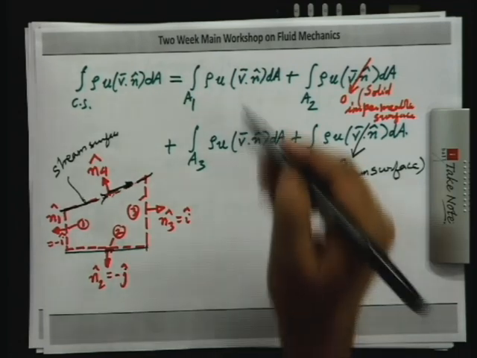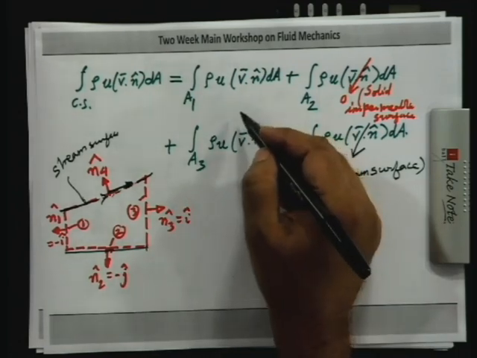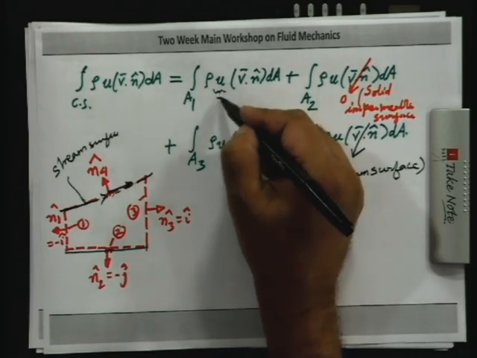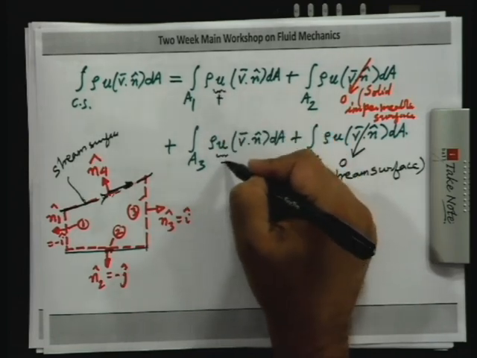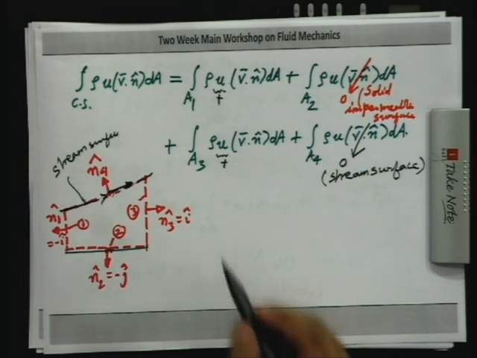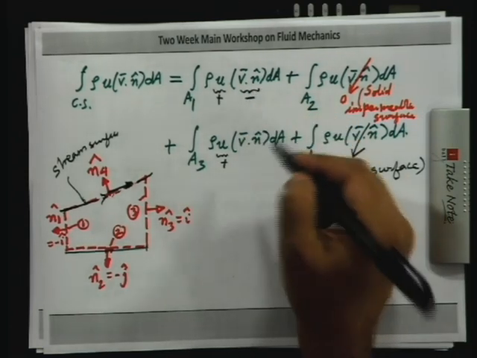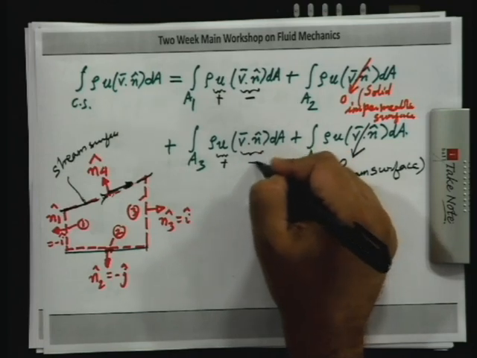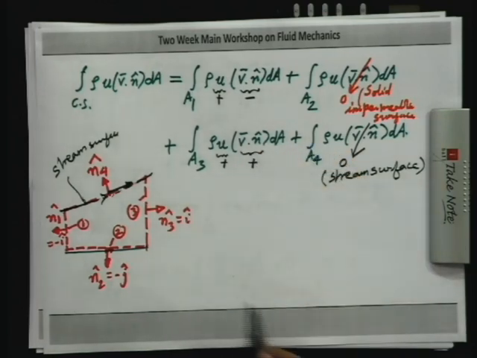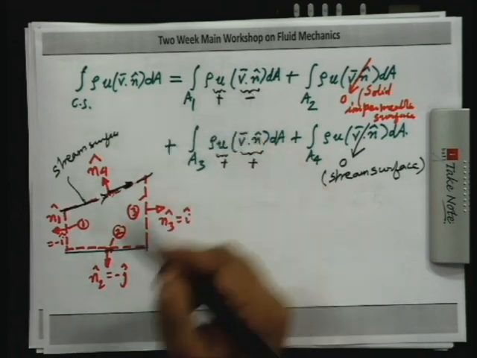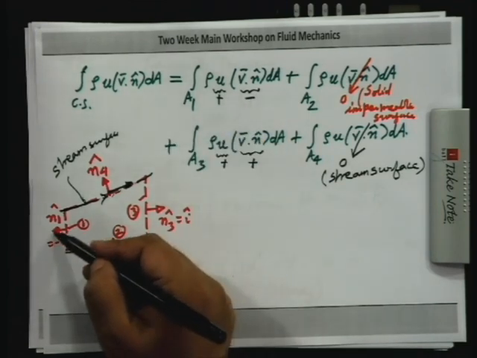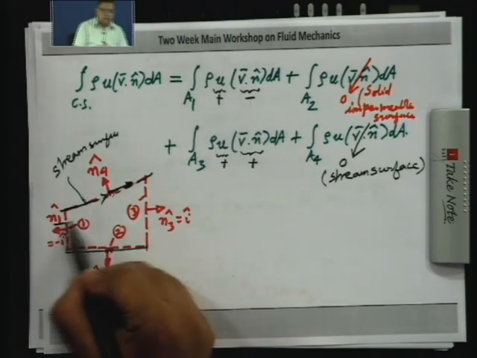And before we find the values, let us look at the signs. So, u is positive here, u is also positive here, but if you look at v dot n, it is negative here because this is an influx and positive here because this is an outflux. The reason it is negative here is that n is pointing in the direction which is opposite to the flow direction. So, velocity vector is in this direction.